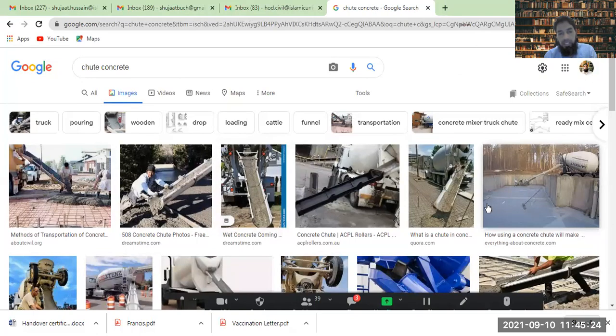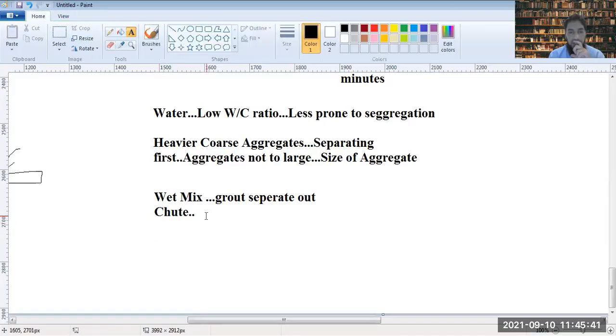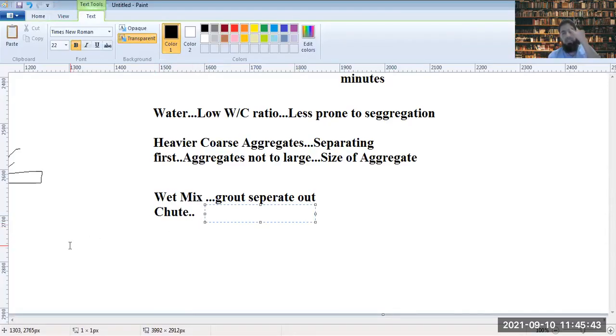But there might be sites where the angle would be quite large. Now, if the angle is too less, the chances of segregation are less. The more the angle, the more are the chances in that chute of the concrete falling all of a sudden.